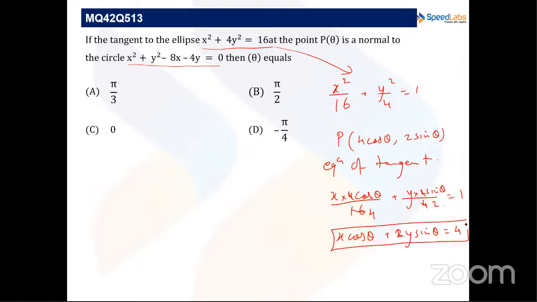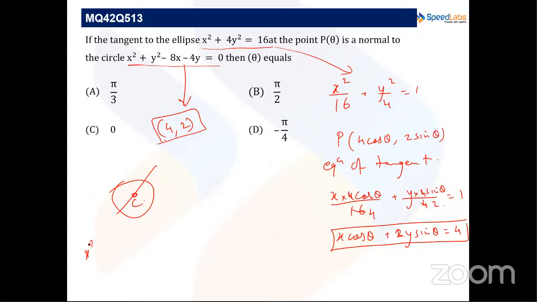Now it is given that this equation is normal to this circle. If we have a normal to the circle, then we know that the normal to the circle will pass through the center of the circle. So from the general equation of the circle, we can find the coordinates of the center, that is (4, 2).